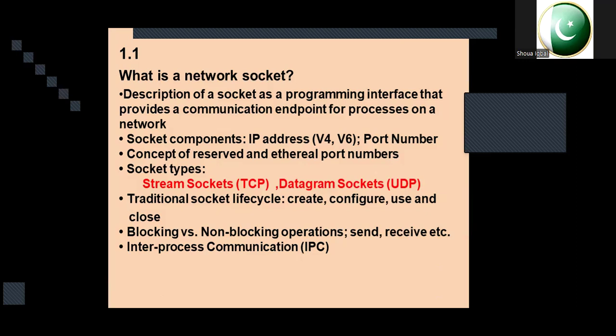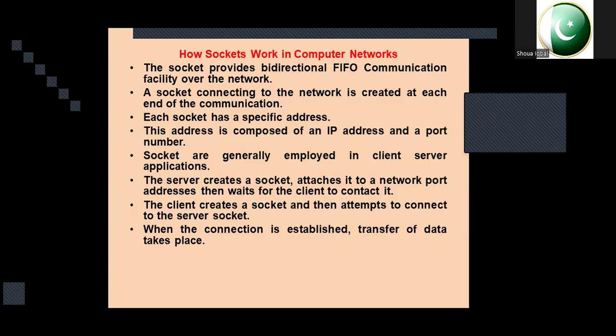Then we will learn about the types of sockets, stream sockets and datagram sockets. Then we will look at the traditional socket lifecycle: how it is created, configured, used, and closed. Then blocking versus non-blocking operations from sender to receiver, and then IPC, that is inter-process communication.